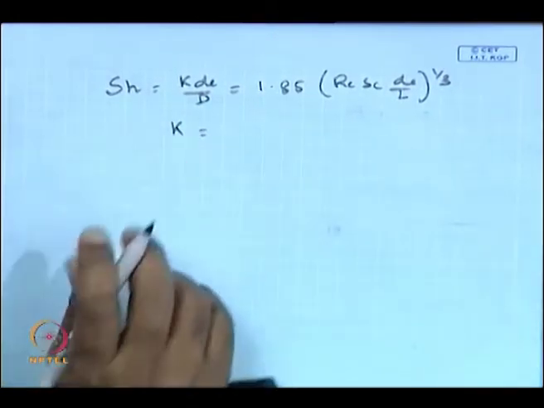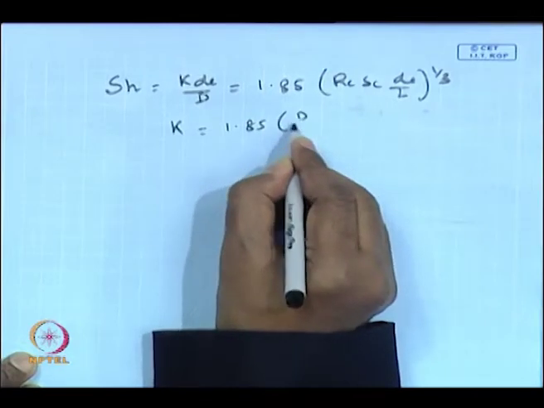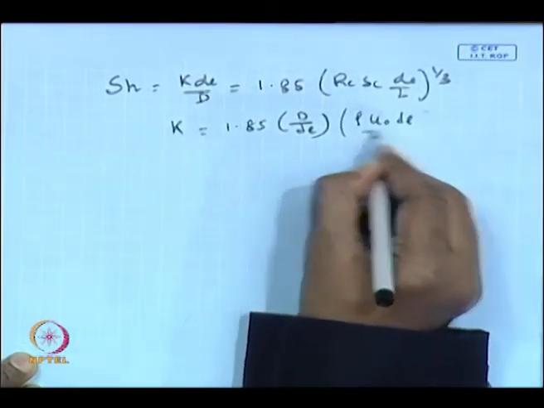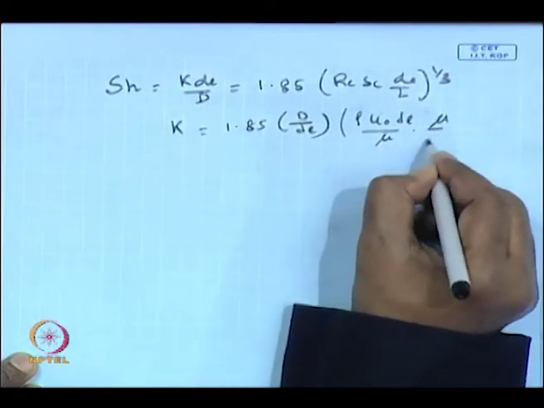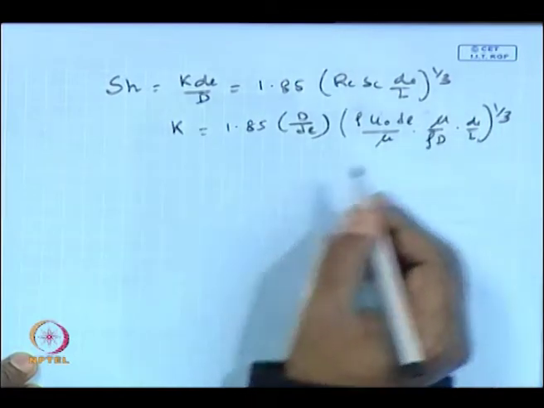So K is 1.85 D by d, Reynolds is rho u0 d by mu, Schmidt is mu by rho D, d_E by L raised to the power 1 upon 3.